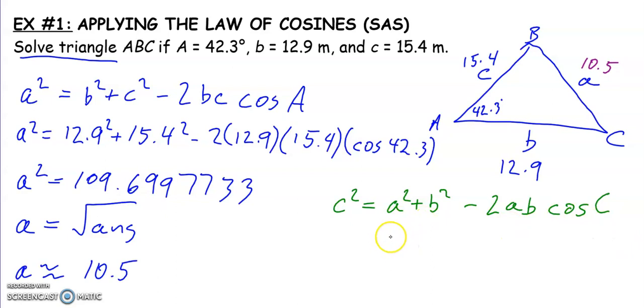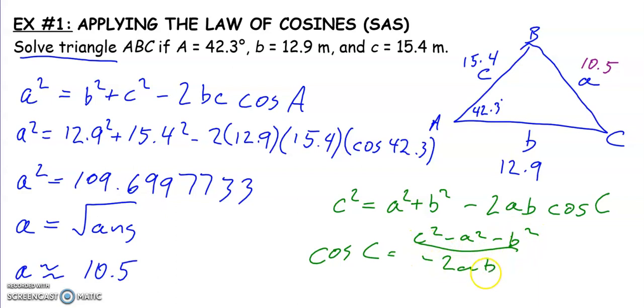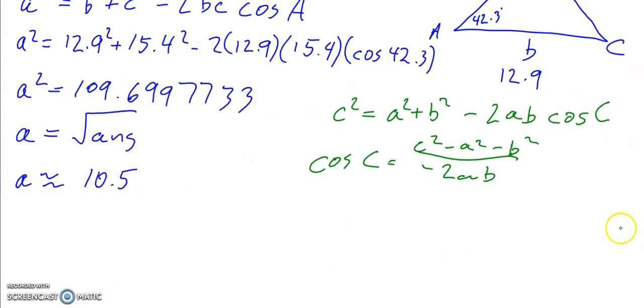Alrighty, so I just said that the cosine of C, the angle I am looking for, equals C squared minus A squared minus B squared all over negative 2AB. Let's plug in my values.